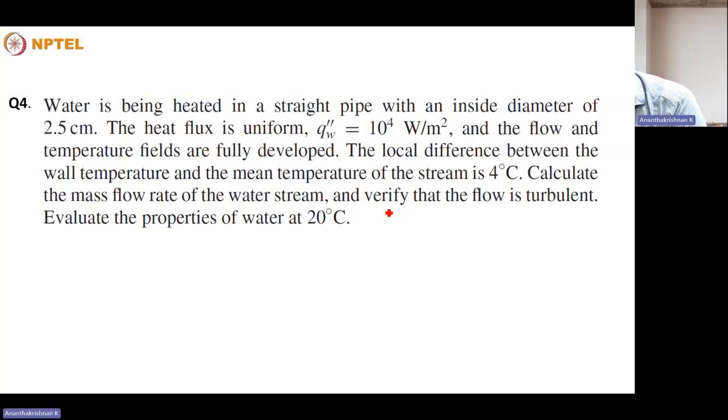We know this is a turbulent case, so the Nusselt number can be equated to the heat transfer coefficient. If you get the value of the Nusselt number, you can get the value of the Reynolds number, and then from the Reynolds number the velocity, and then calculate the mass flow rate. So that can be an approach, taking an assumption that the flow is turbulent.